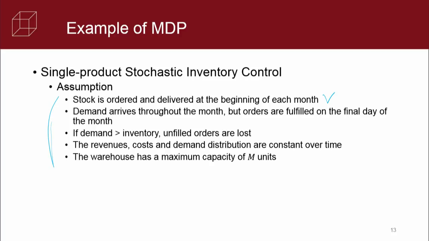And if demand is larger than the inventory on hand, any unfulfilled orders are lost, so we simply fail to satisfy the customer demands. The revenue, cost, and demand distributions are constant over time. And finally, the warehouse has a maximum capacity of M units. So the maximum number of units in the warehouse is equal to M.